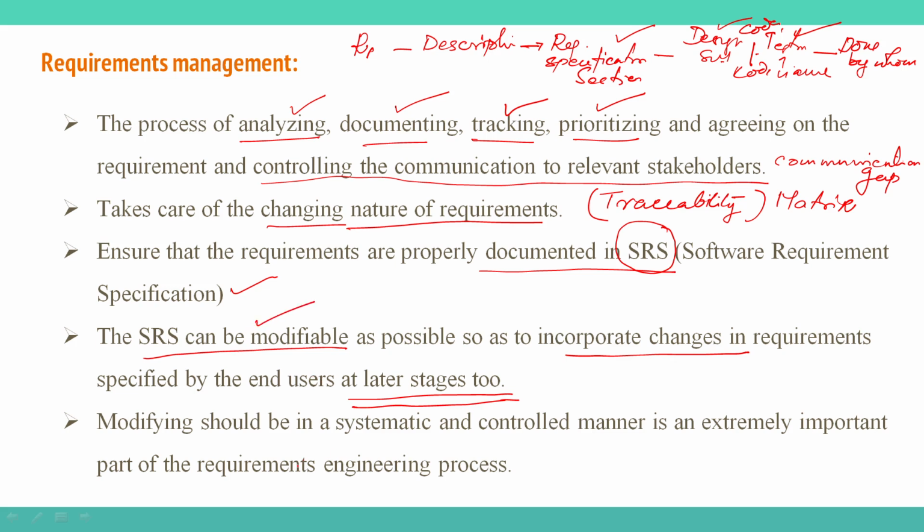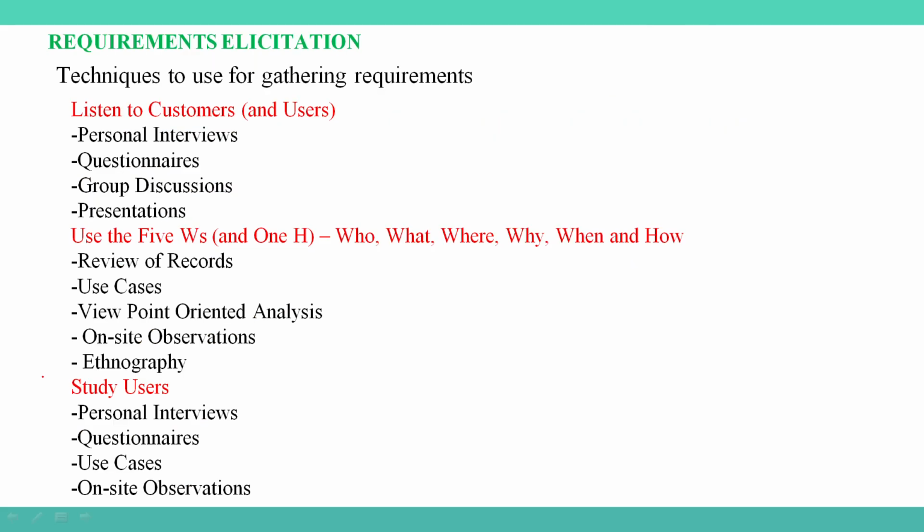Then modifying should be in a systematic and controlled manner. So everything you are changing should be in a systematic and controlled manner. So this is the total aspect of your requirements management: analyzing, documenting, prioritizing and tracking all your requirements through proper communication between the stakeholders.